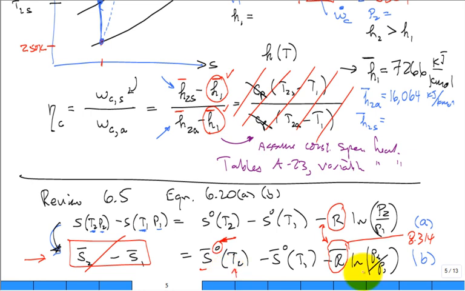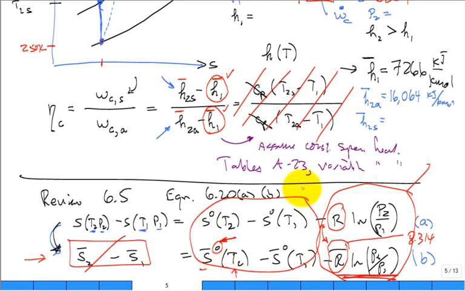But this is where the effect of the change in pressure is isolated in my equation for the change in entropy. Pressure changes do affect the entropy change of an ideal gas. Temperature does also, but it's nice that the pressure effects are confined over in these terms and the temperature effects are confined in those terms, and those terms are based on 1 atm pressure. That's how they calculate it. All right. Standard reference pressure.